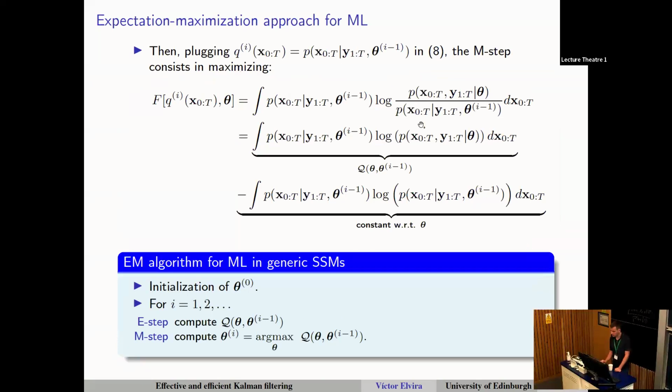Then the log, you can do this, the log of this minus the log of this. This is just what you're seeing here. And the thing you need to realize from this decomposition is that now the whole function, when you plug the smoothing distribution as this Q, decomposes in this part and this part. In this part, theta does not appear.